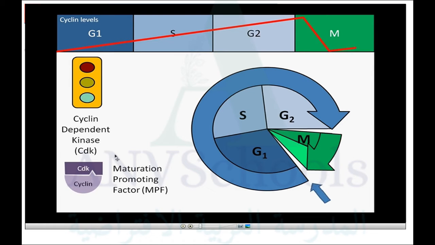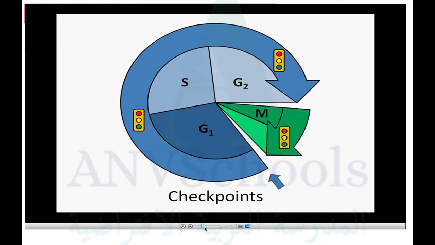So here, if it drops, it will affect the kinase. So we have almost 3 checkpoints. We have the first one after the G1 phase or stage. We have another one after the G2, and we have another one at the M phase.